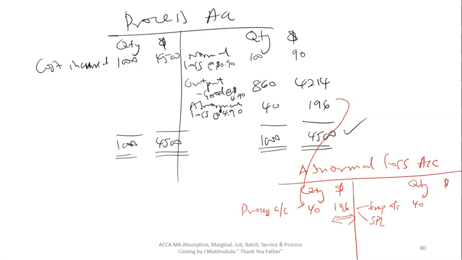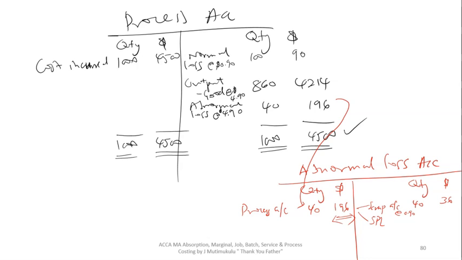But we know that the scrap is valued at 90 cents. So 40 multiplied by 90 cents should lead us to $36.